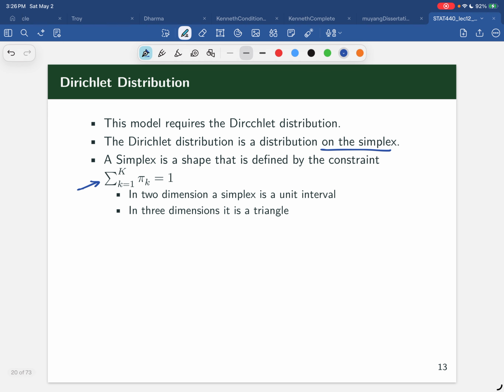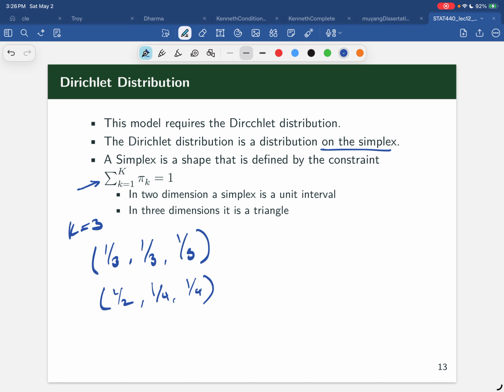I think I said this in the last lecture, but let me just remind you, if k equals 3, the point 1/3, 1/3, 1/3 would be on the simplex. The point 1/2, 1/4 would be on the simplex because this sums to 1.